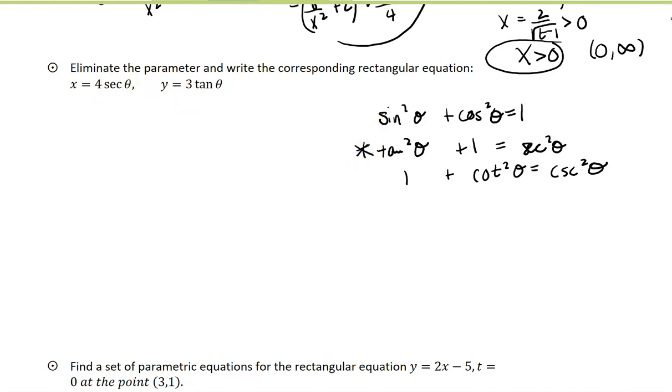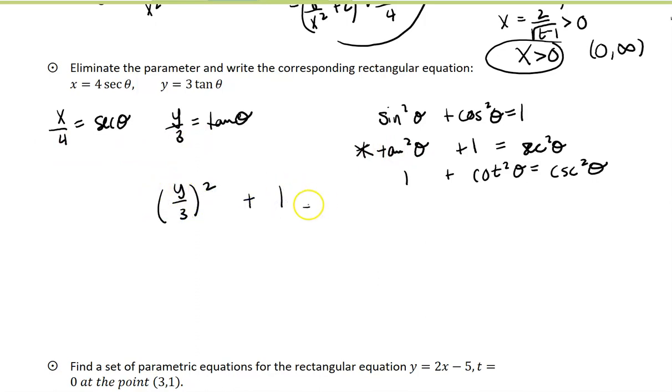So what I'm going to do is solve each of these for secant of theta and tangent of theta. So I'll get x over 4 equals secant of theta, and y over 3 equals tangent of theta. And then I'm going to take the identity and plug those substitutions in. So instead of tangent of theta, I'm going to write y over 3.